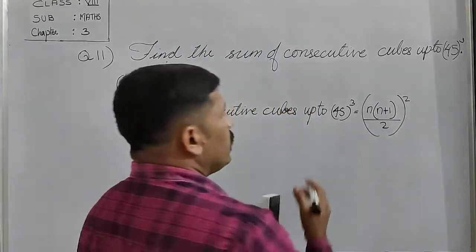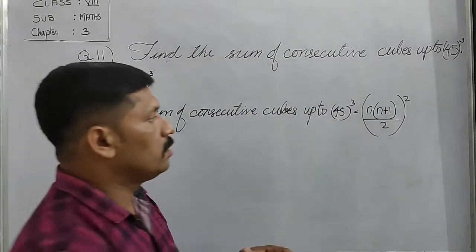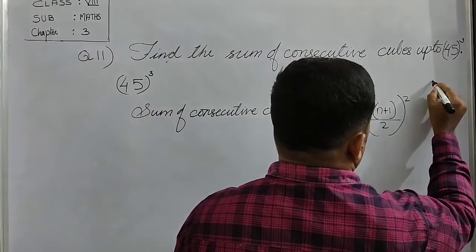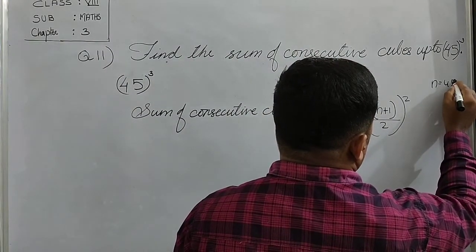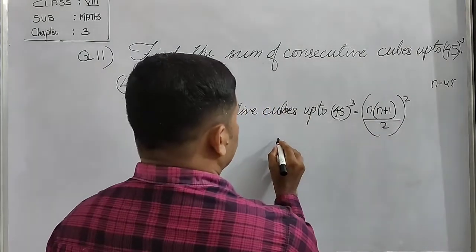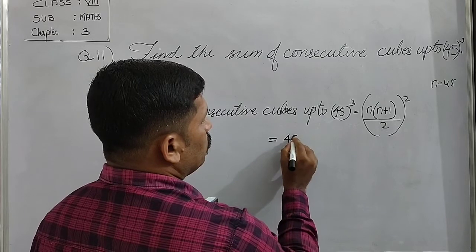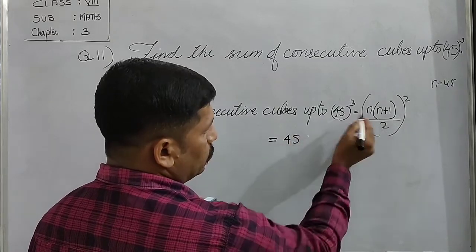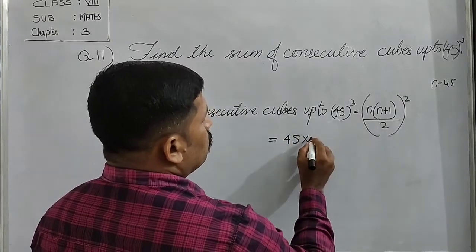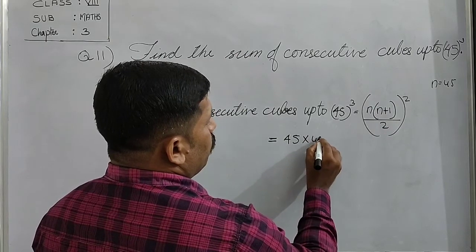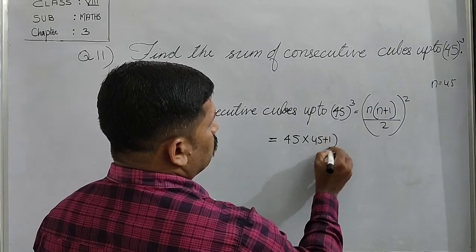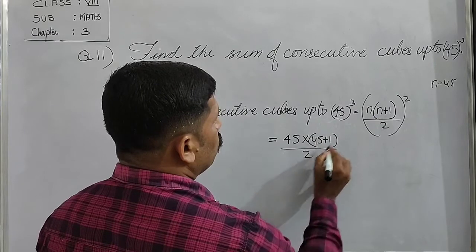And here what is n? N means the given number that we take. N is equal to 45. So here n means 45, 45 into 45 plus 1 by 2, all squared.